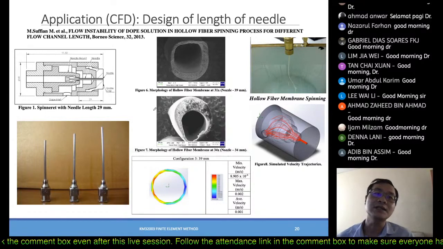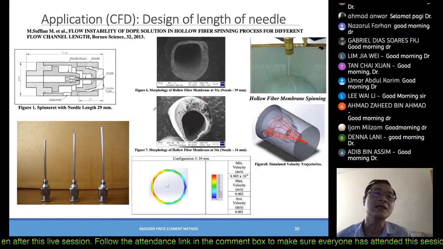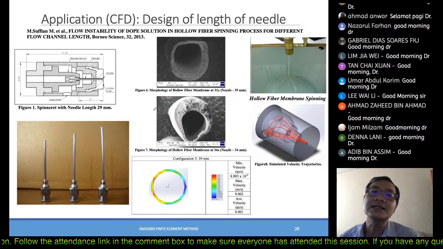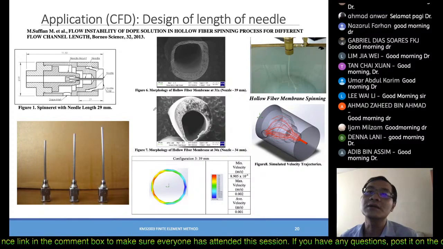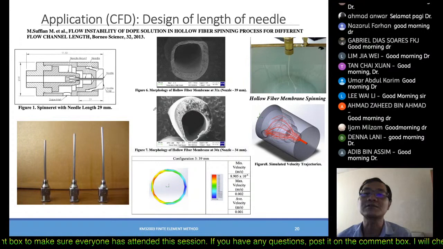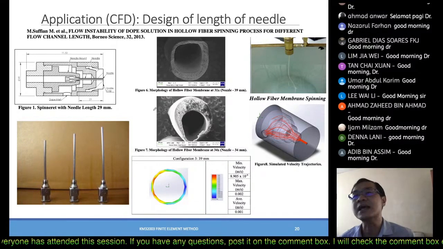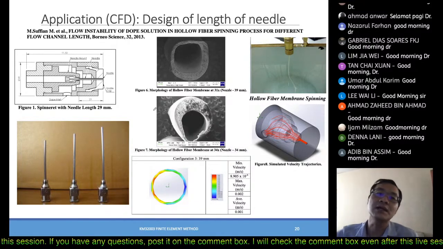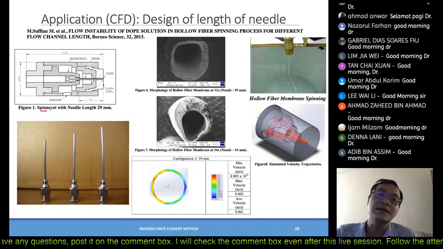Then another one is by Dr. Sufyan, where he's studying what is the suitable length of needle, to explain why it actually generates a better result. This is a spinneret with the needle.